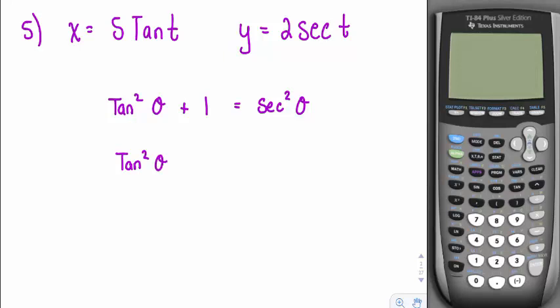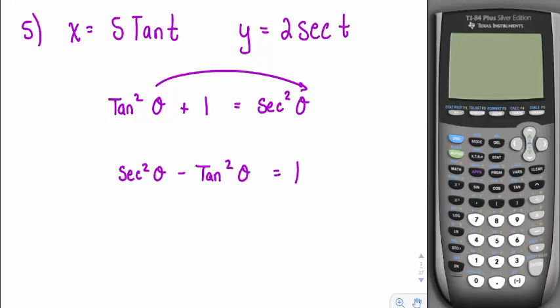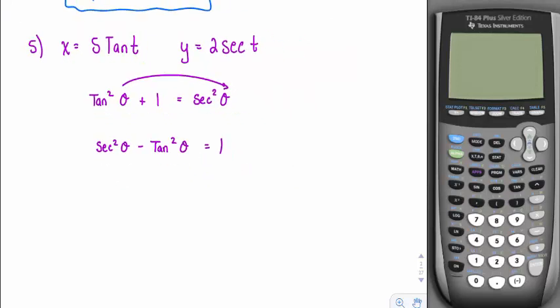I want it equal to 1, so I'm going to move the tangent to this side, but write that on the left. So secant squared theta minus tangent squared theta equals 1. Hopefully you're starting to see where we might get a hyperbola out of this, because that's what's going to happen.